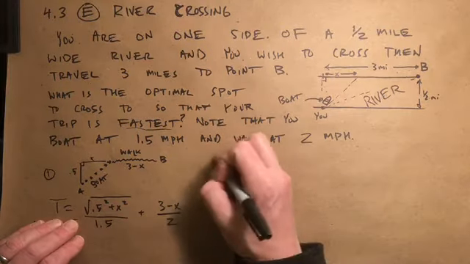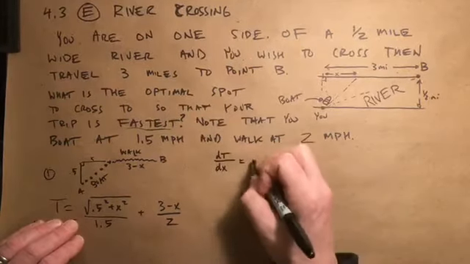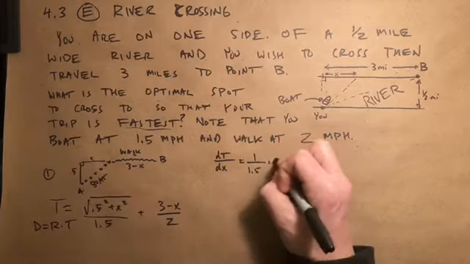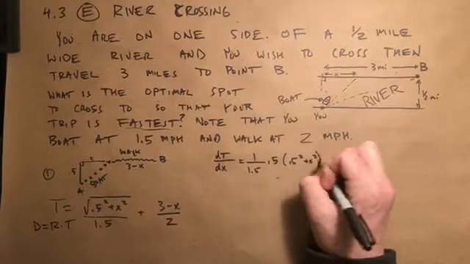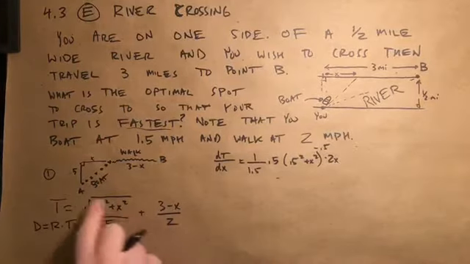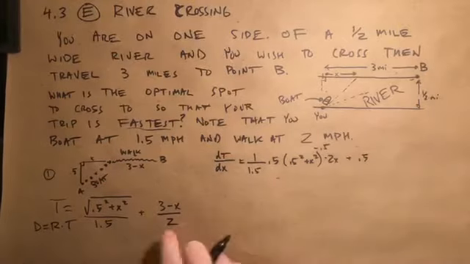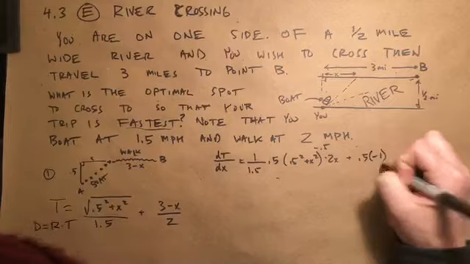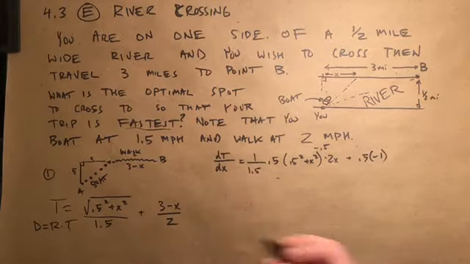So dt/dx will be equal to 1 over 1.5 times (0.5 squared plus x squared) to the negative 0.5 times 2x, making sure that we do the chain rule there, and then plus 0.5 times the derivative of 3 minus x, which is negative 1. Okay, we'll set it equal to 0, and we'll begin to solve.